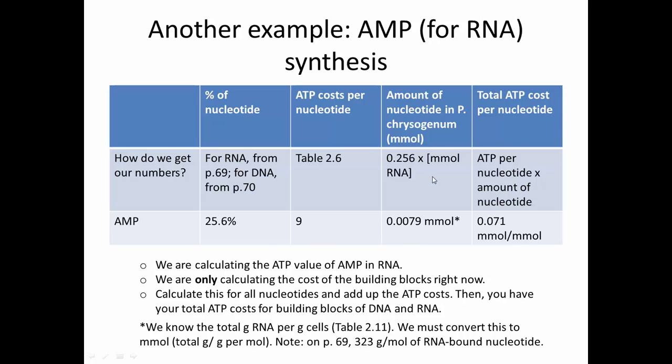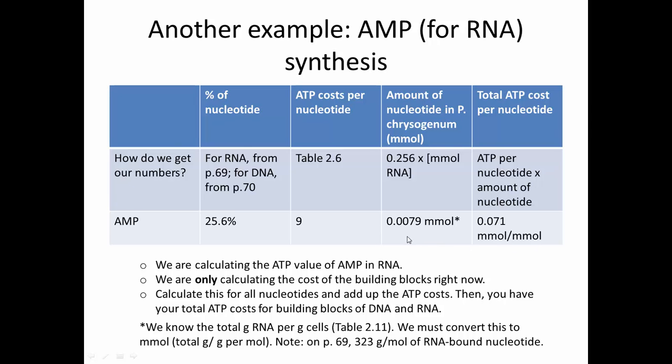And the amount of nucleotide in Penicillium, again, we are calculating this 0.256, 25.6%, times the millimoles of total RNA, which again, you have to calculate. You're calculating this using, again, information on page 69, 323 grams per mole of RNA-bound nucleotide. Okay?